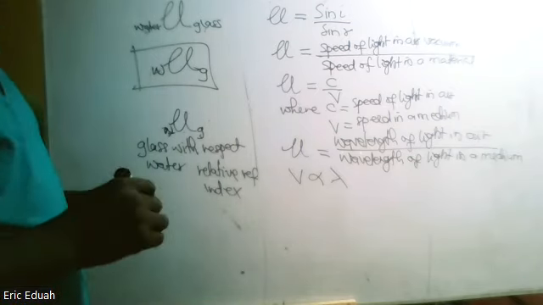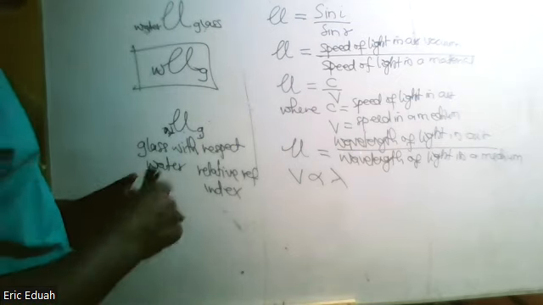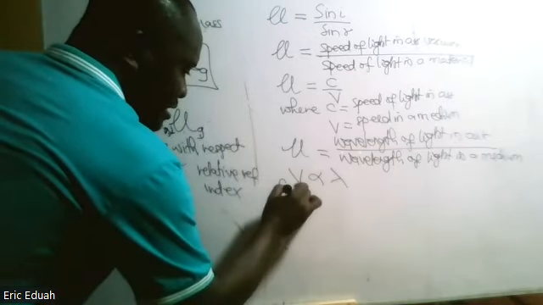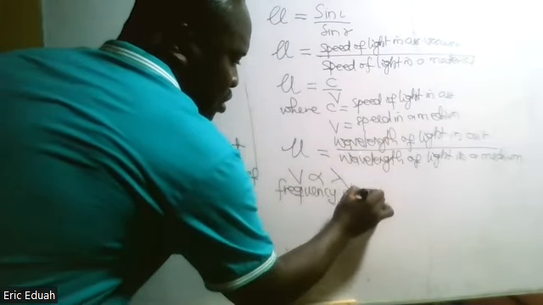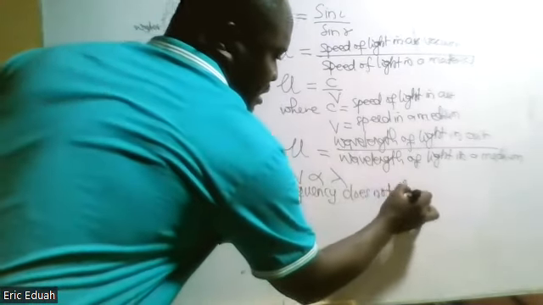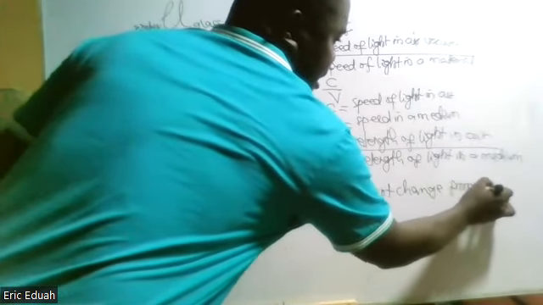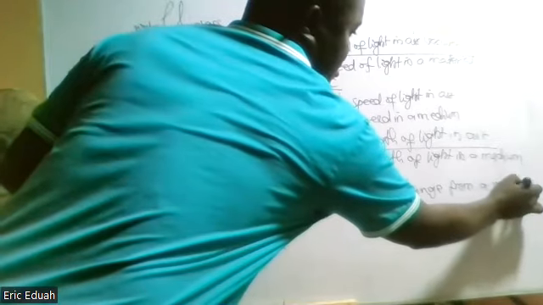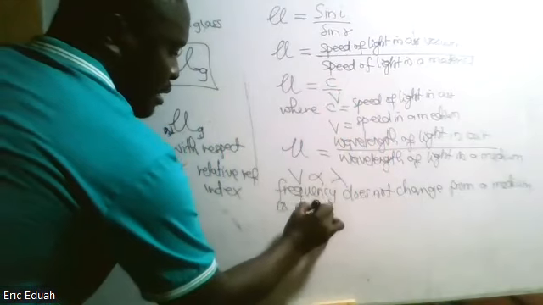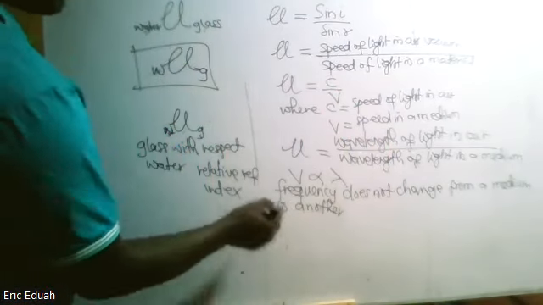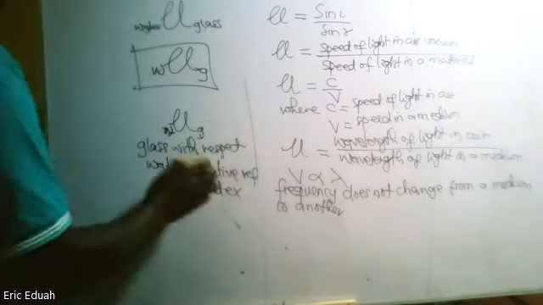The frequency of light does not change from one medium to another. The reason is that I said V is directly proportional to lambda.